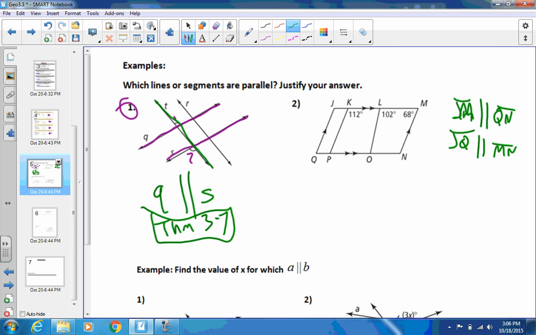How about from our diagram? Well, if these are parallel right here, then we know that same side interior angles are supplementary, so this would have to be 112 degrees, because they're supplementary, 68 and 112.